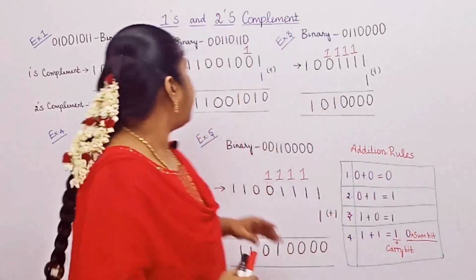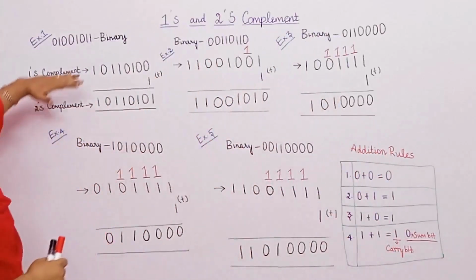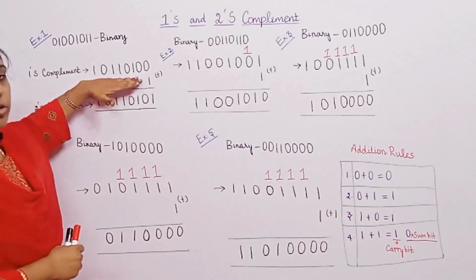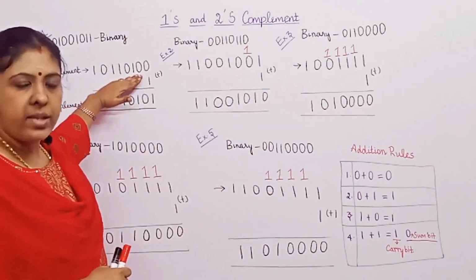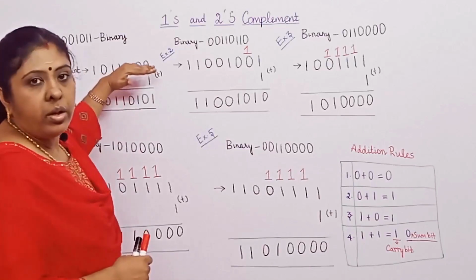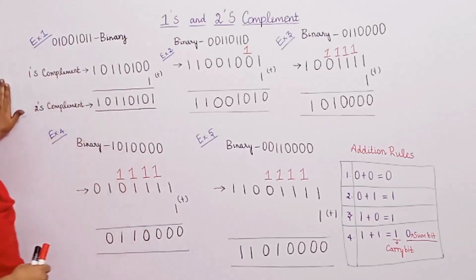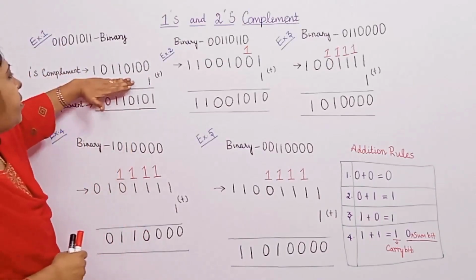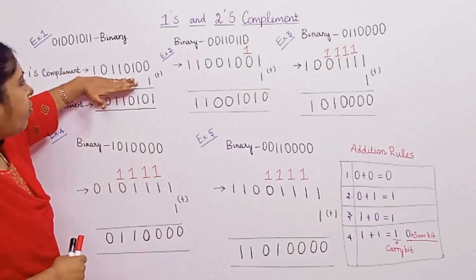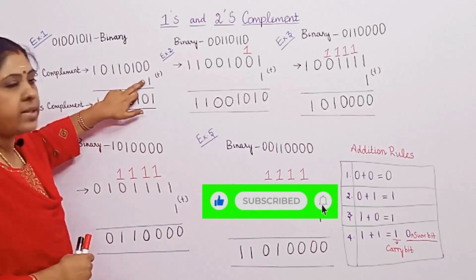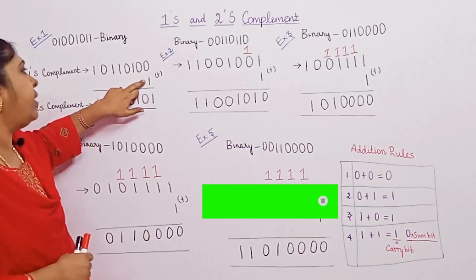So consider the same example. Here we have converted from a binary number to 1's complement. Hope you are very clear, since it is a very basic concept. I need not go in depth about the 1's complement. You can solve on your own. Now consider this 1's complement. For converting to 2's complement, we are just adding a 1 to the last binary digit.